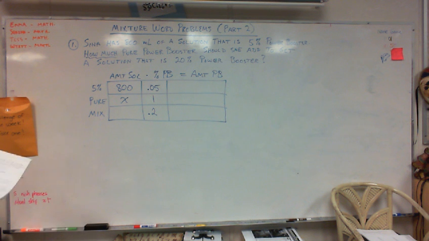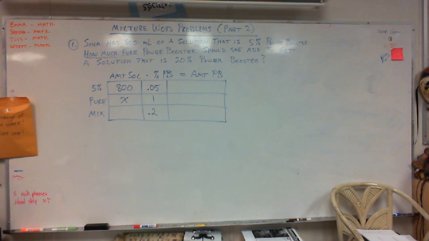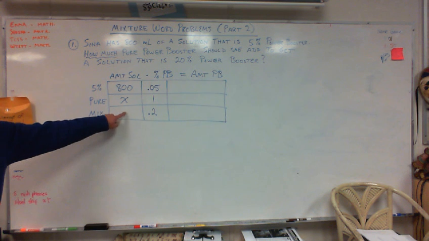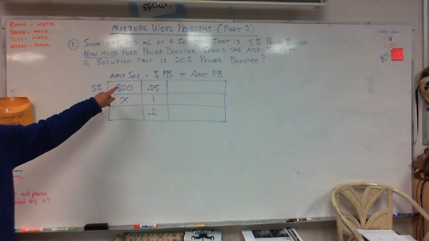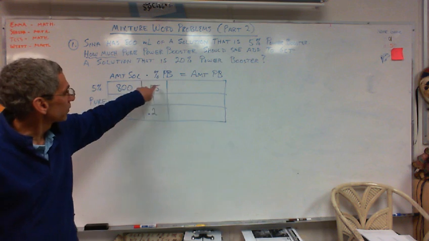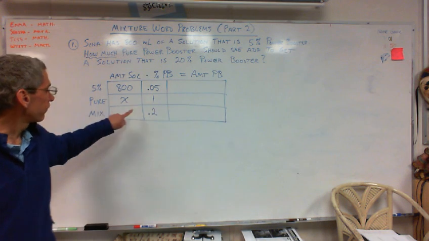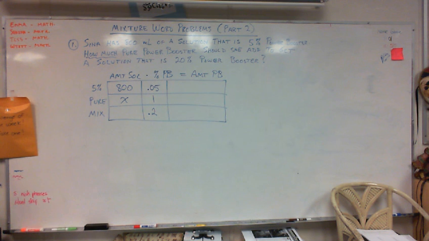So now that's what they give me, and I look at my box and I see that I'm missing something. What am I missing, John? Yeah, the amount of the mix. I need to have that. Then, just like rate times time equals distance, all I have to do is multiply this times this to get this, this times this to get this, and this times this to get this. But first I have to know what this is.